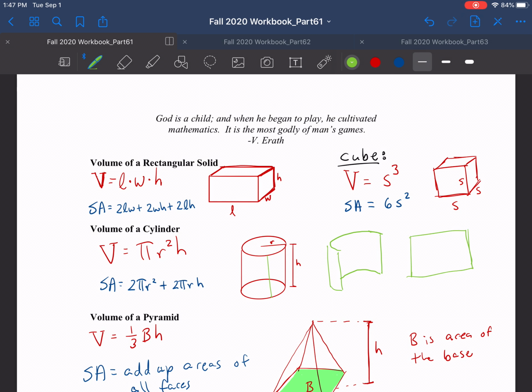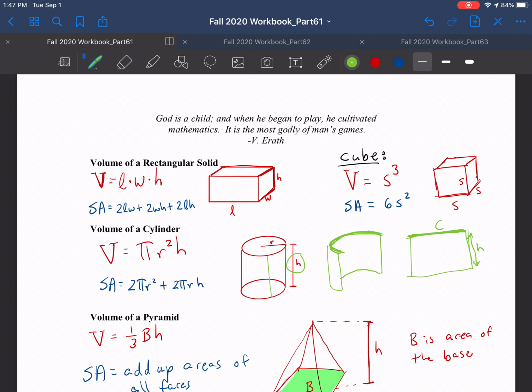The length of the side of this rectangle, this part right here, is essentially just the circumference of the circle on the top. So this would be the circumference of the circle, and then this over here would just be the height of the cylinder.